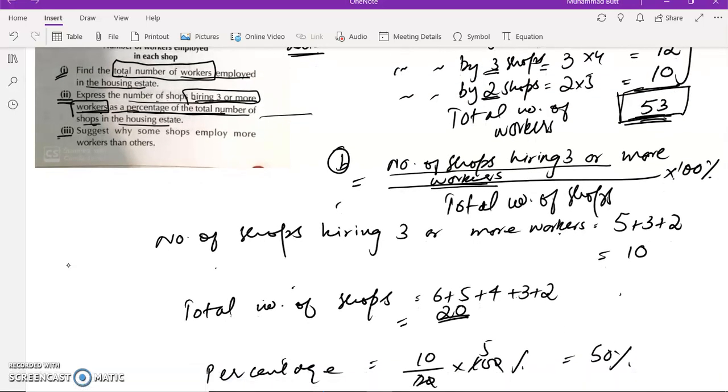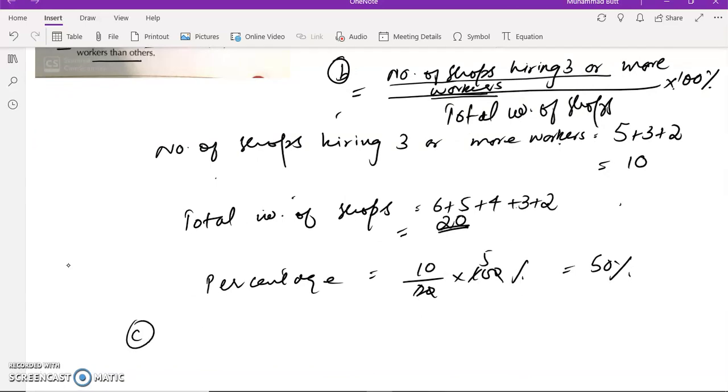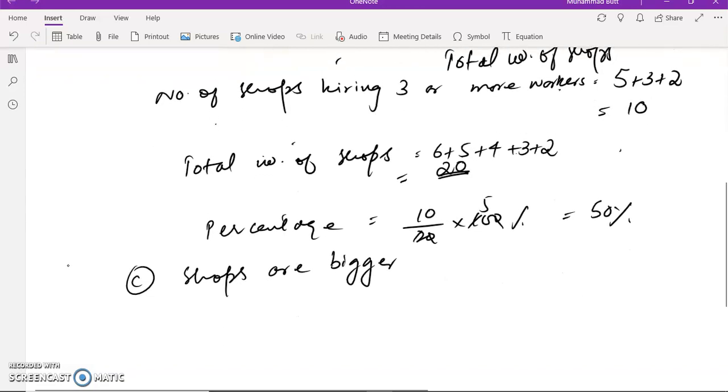Now part C. Suggest why some shops employ more workers than others. There are so many reasons. One of them could be that the shops are bigger, so that's why they require more workers. Or they are located in a populated area.